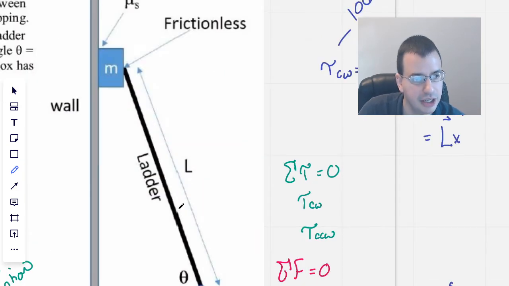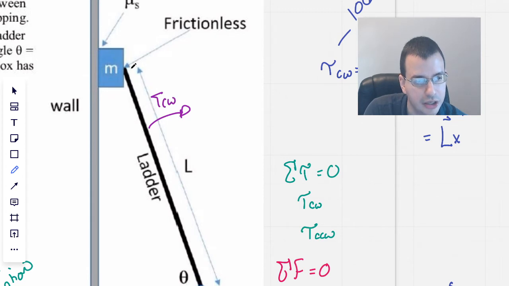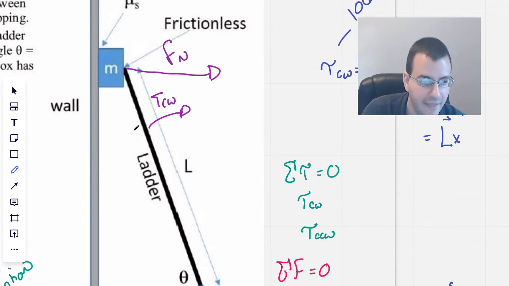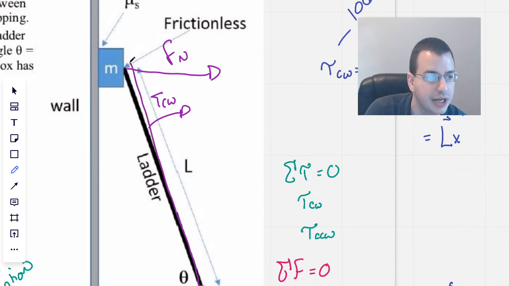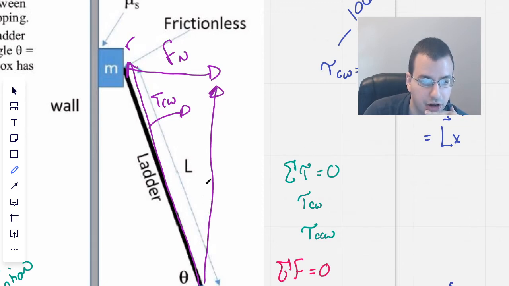So the idea here is we're looking for torque clockwise. And that's going to be involving force normal here and this radius right here. And so what we do want is a perpendicular, so R cross F. So we want this value right here. So this is theta.